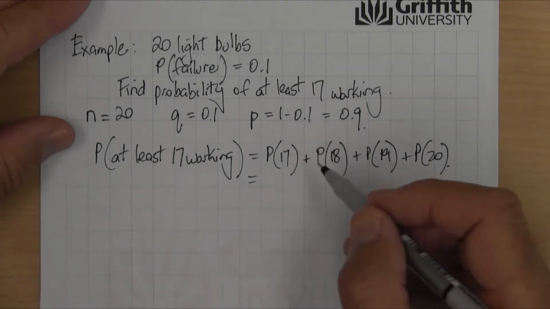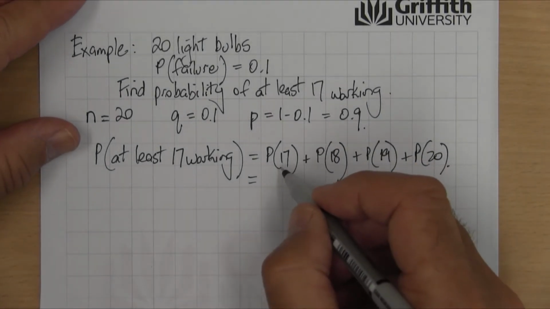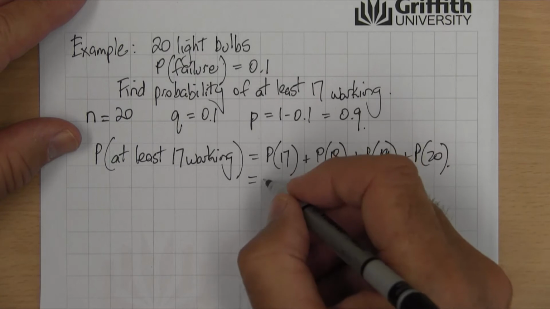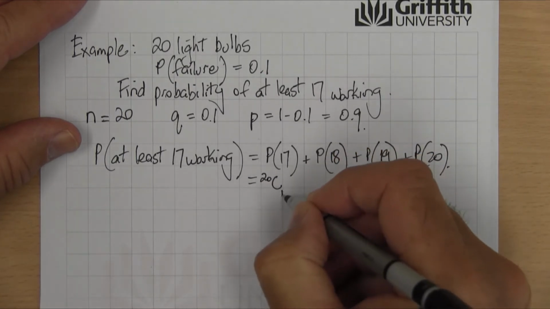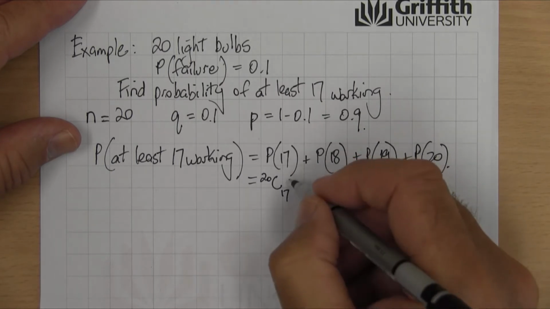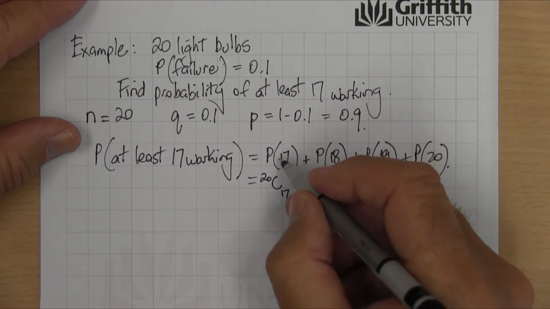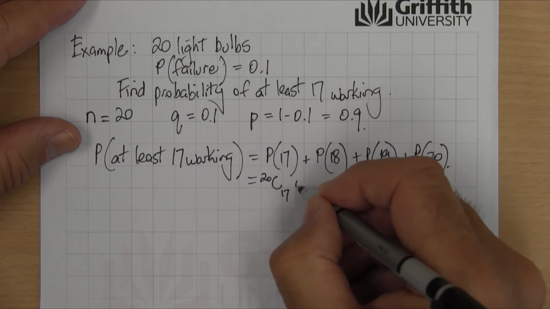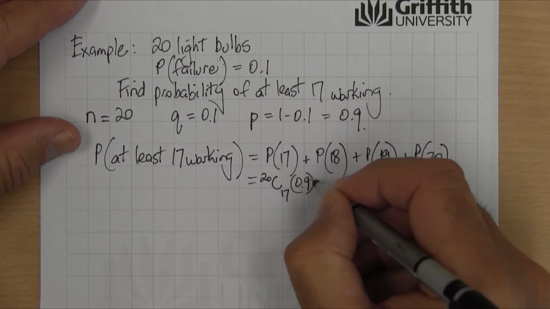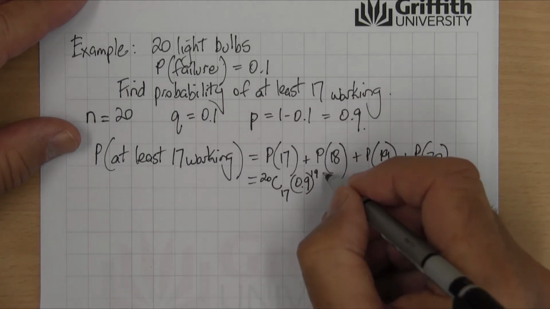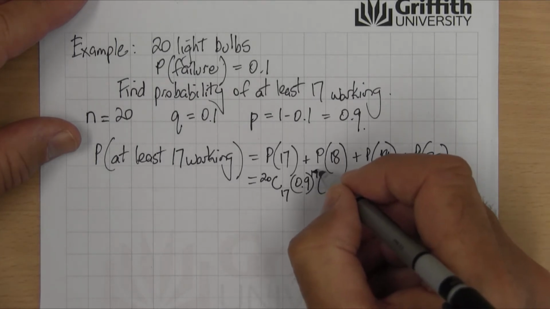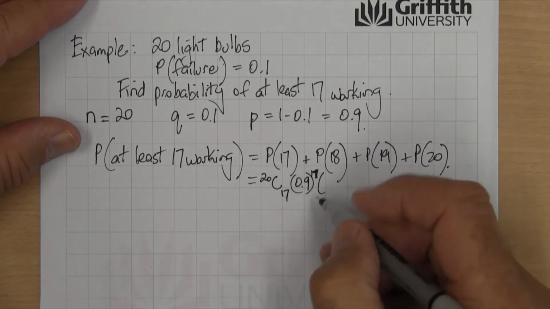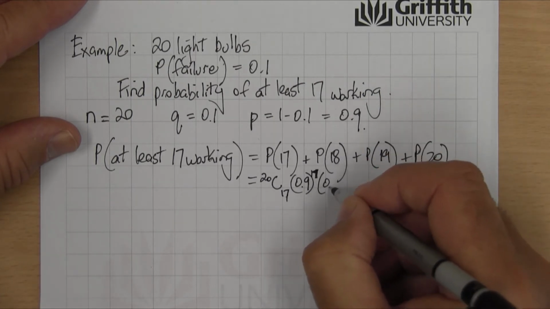So you could work these out, like for instance 17 successes would be equal to 20 C 17 times the probability of success 0.9, to the power of 17, times 0.1.